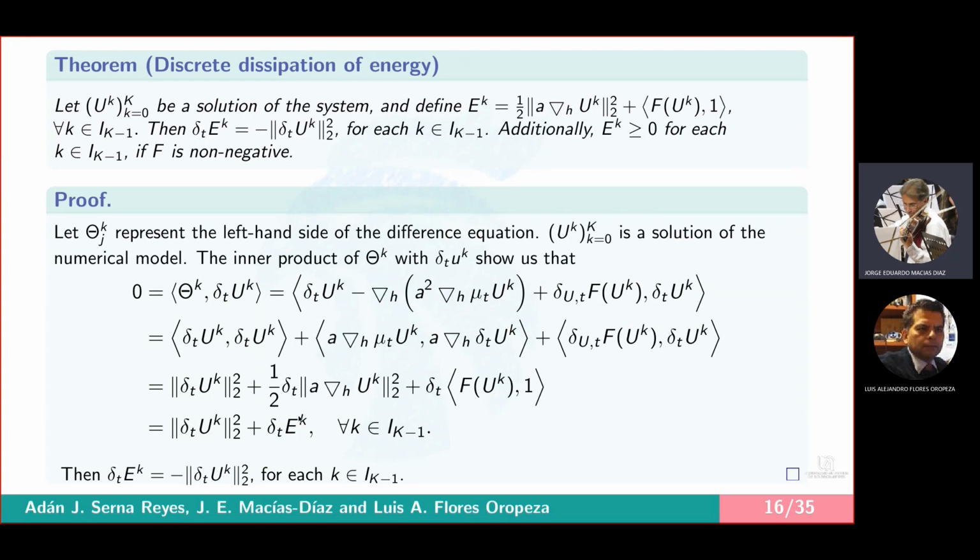Do some substitutions, expand, and represent these terms using the two norm and inner product. Finally you're going to obtain this result. Then solve finally for the difference with respect to t. That's the way we obtain this result. And as I said before, this states that the Gibbs free energy is dissipated throughout time.